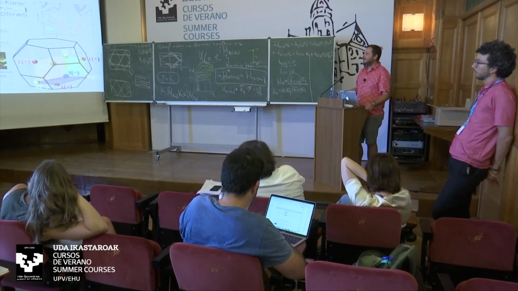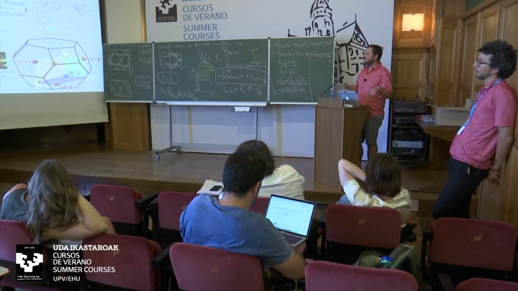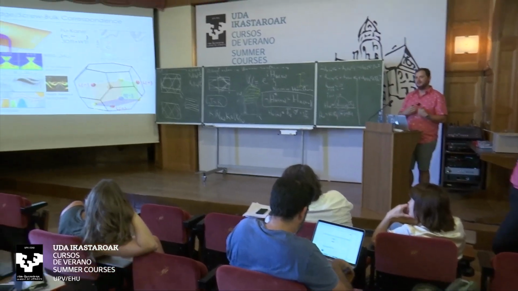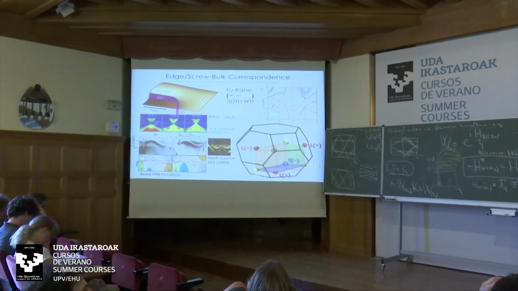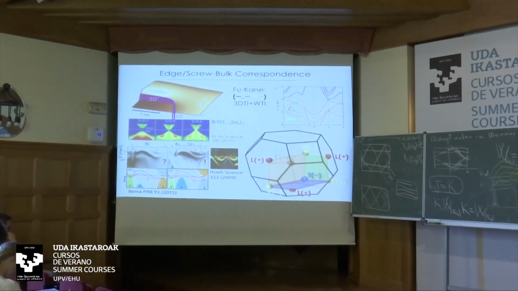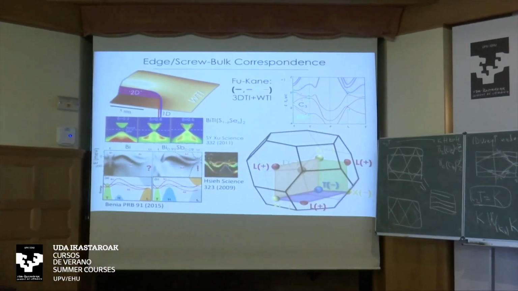So basically, what we believe happens in bismuth is that the surface and edge modes that we see are not bands related to a weak topological insulator, because we do believe that bismuth is not one.